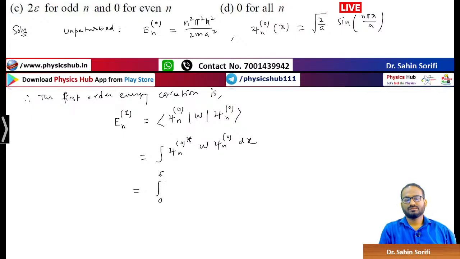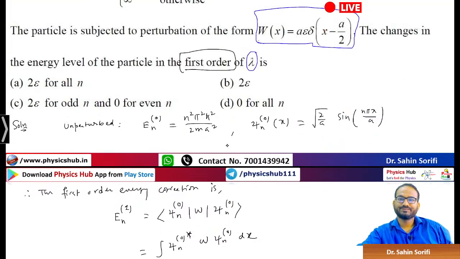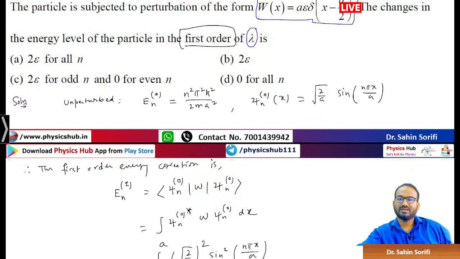integral 0 to a of square root of 2 by a sine n pi x by a, psi star and psi being the same, so squared, sine square n pi x by a, W is given to you as a epsilon delta of x minus a by 2, dx.